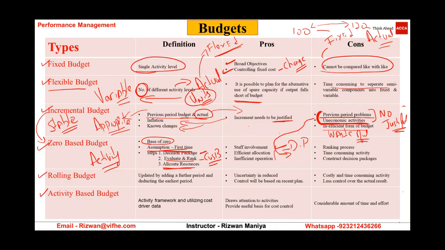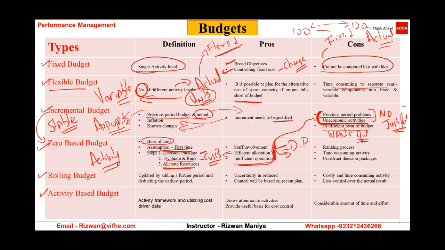Same, you can see this third point as well. Once inefficiencies are removed, this means the best activities will be included in the budget, because you are ranking. So through this ranking you ensure that best allocation is done, and those activities that really are considered important should be included first in the budget. So I hope this is clear. It results in efficient allocation, and it removes inefficiencies that were mentioned in your previous incremental budget.